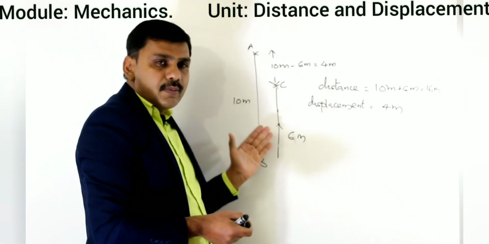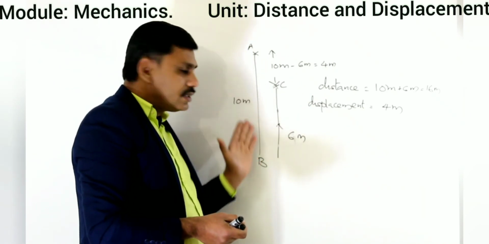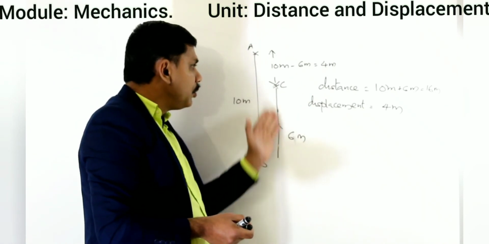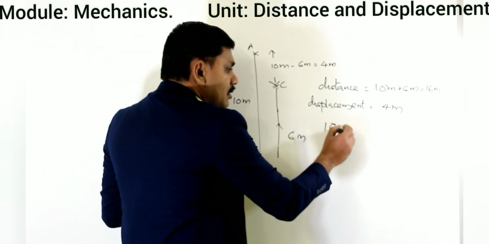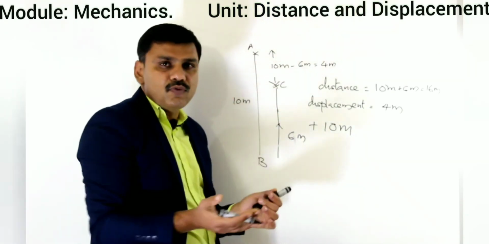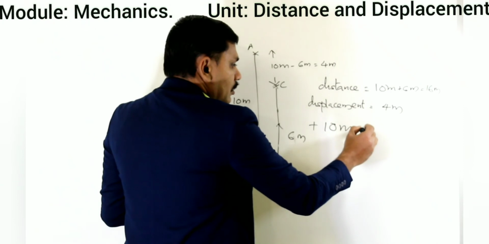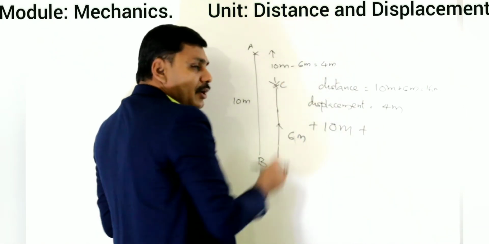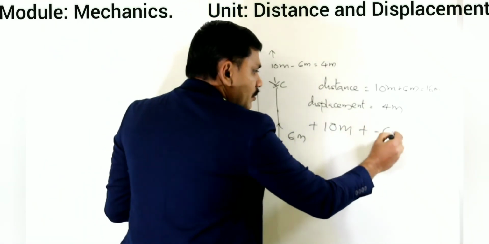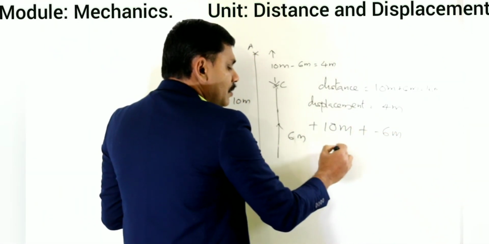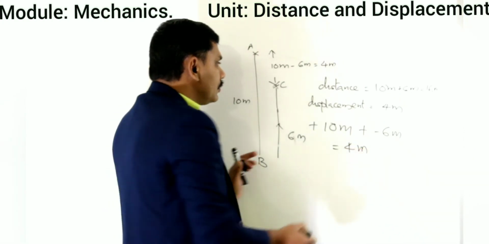And one thing you can remember: for example, downward is taken as plus and upward is taken as minus. So 10 meter you consider as plus because downward is positive, and then the upward motion, that is 6 meter, you consider as minus 6 meter. When you subtract this, you get 4 meter.